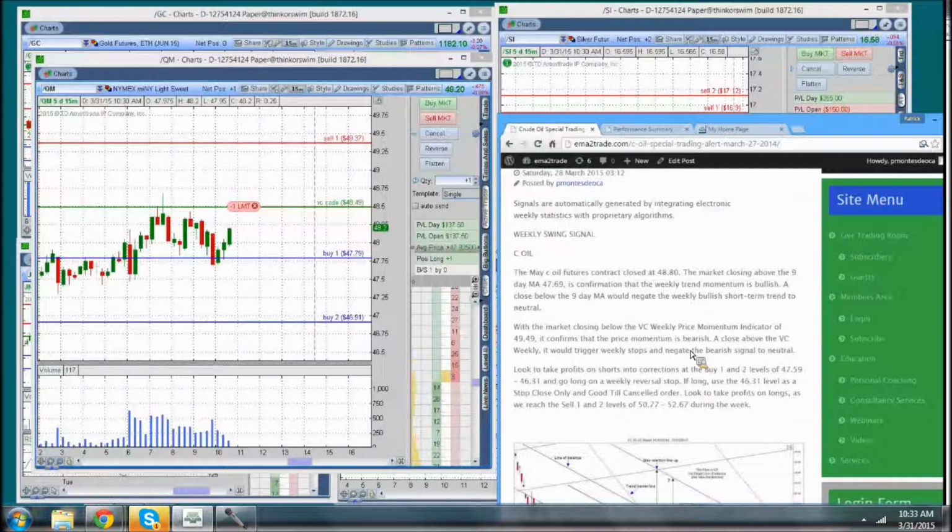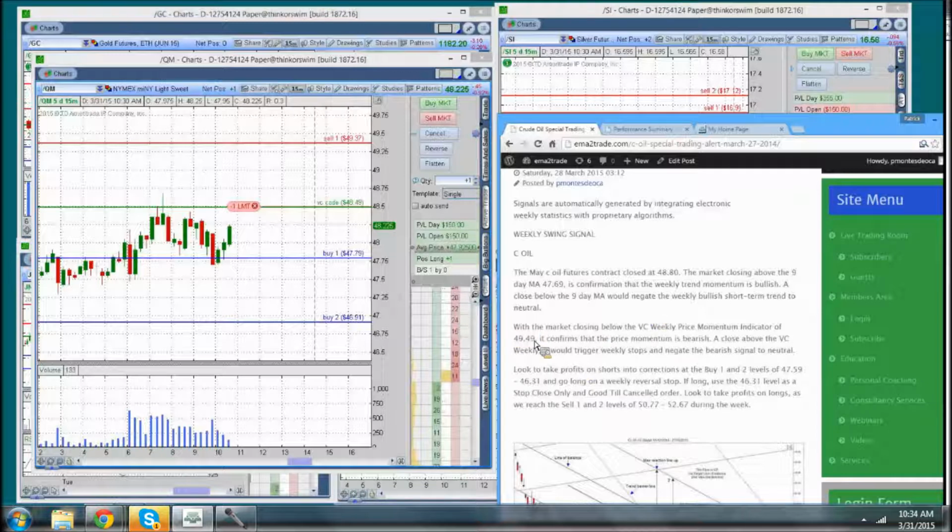But it also tells you that if we close above 49.49, this bearish signal would be activated to neutral. So 49.49 is the pivot point that reverses the bearish trend to neutral, and a close above 49.49 activates the buy signal.